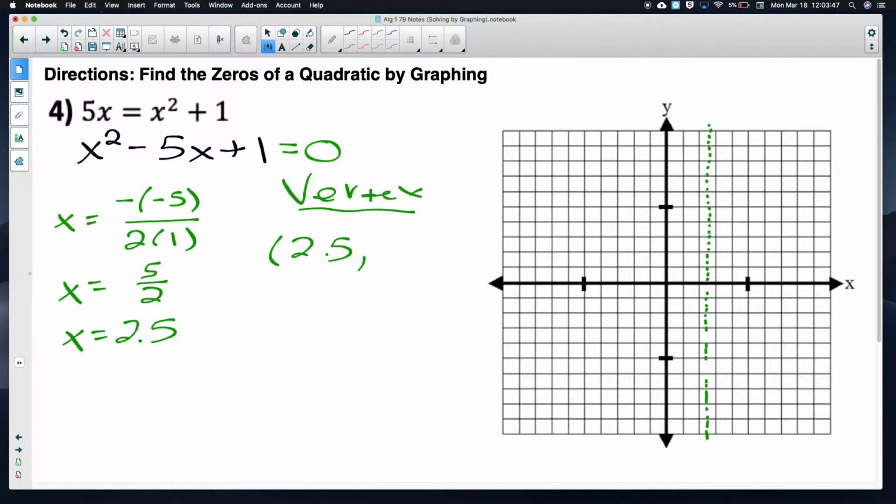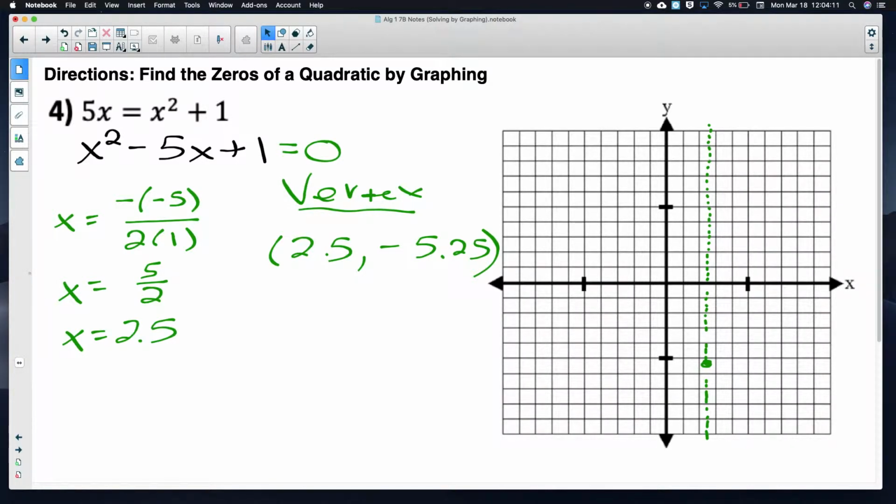Let's see what happens when I plug 2.5 in for x. I'm going to get out negative 5.25. So I plug in 2.5, get out negative 5.25. So I got this point right here.